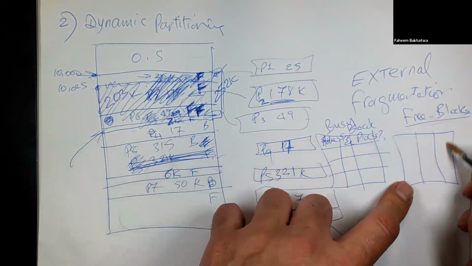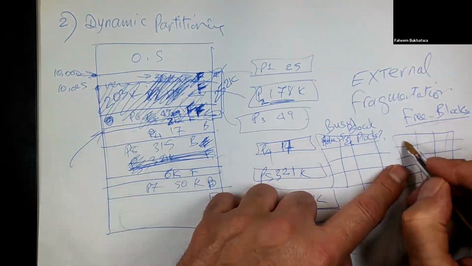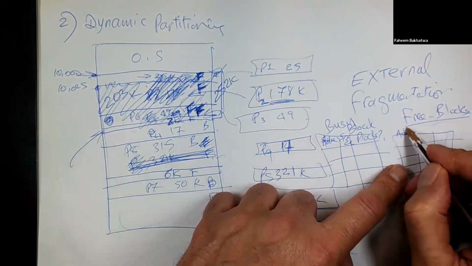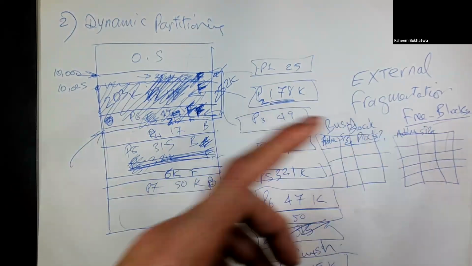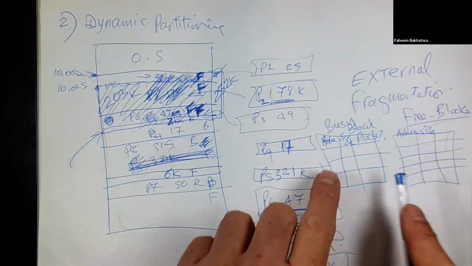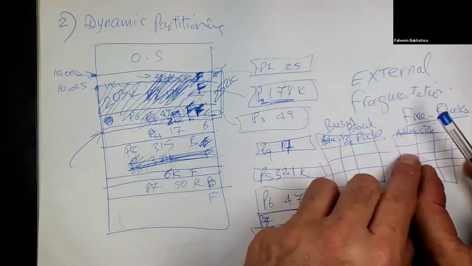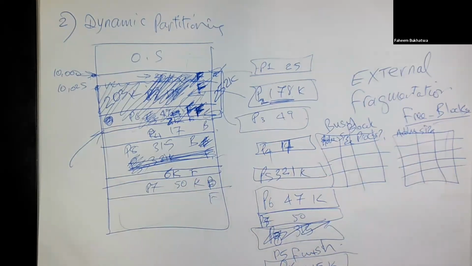For the free ones, we know they're all free, so just the address and the size. And when a busy block becomes free, we move it to the other table, and if the one before it is free, we join them and merge them into one single block.